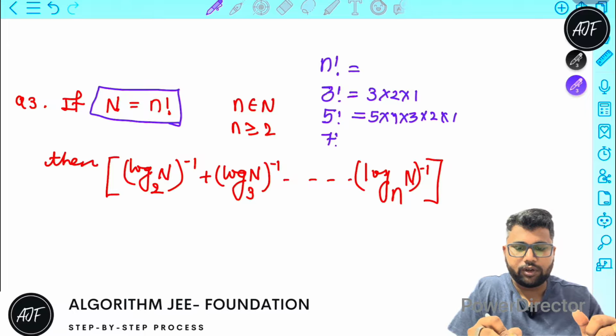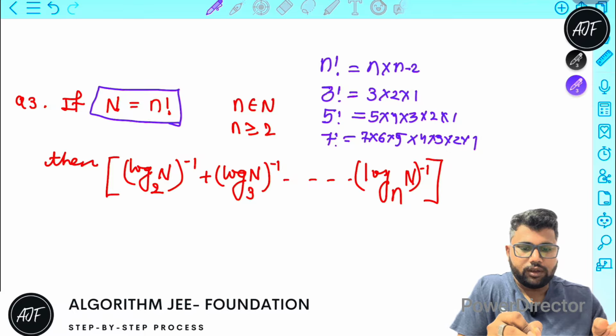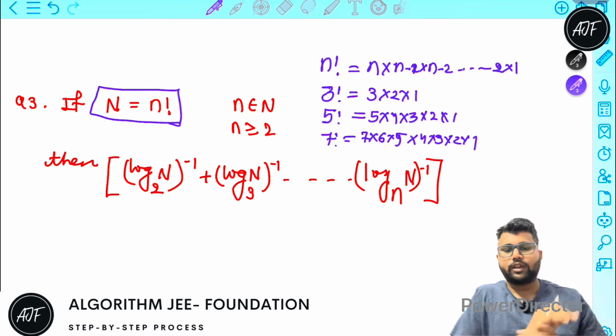Suppose 7 factorial is given, it means 7, 6, 5, 4, 3, 2, 1. Same way n factorial means n multiplied by n minus 1, n minus 2, up to 2 into 1.